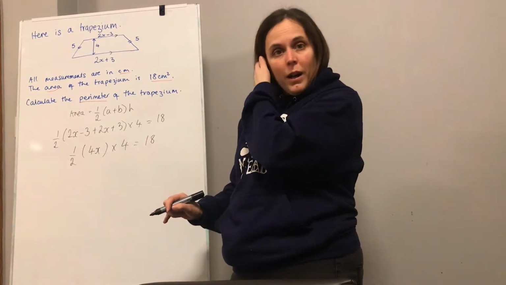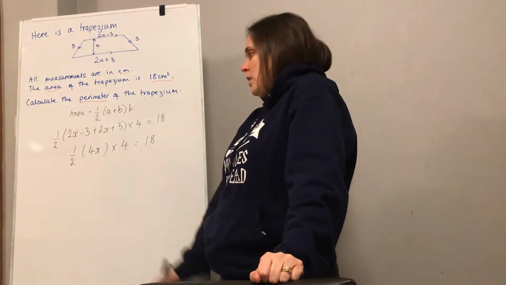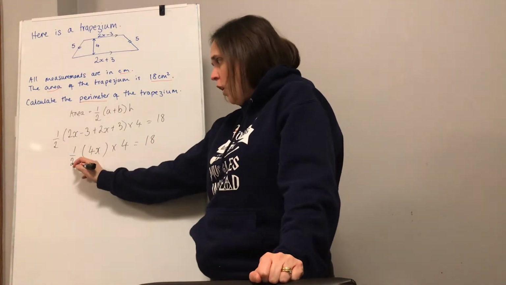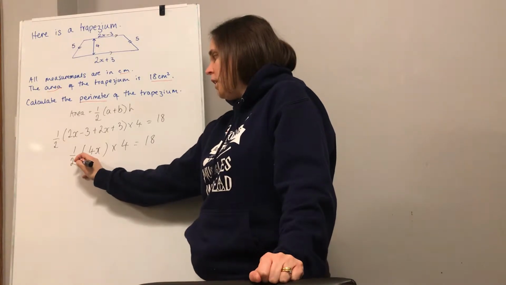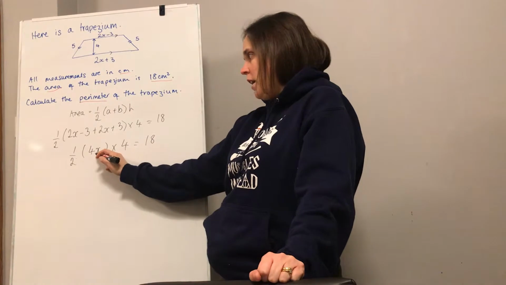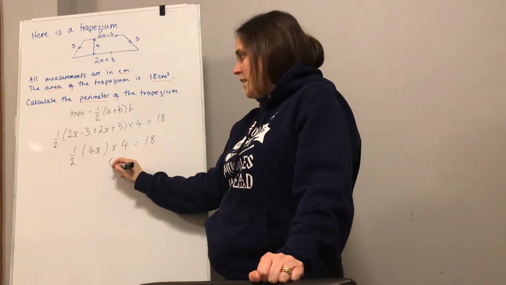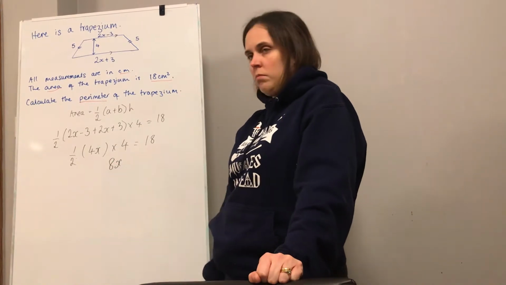Now there are a number of ways that you can simplify that, okay? It's entirely up to you how you do it. I would probably do a half times 4x, which is 2x, and then times the result by 4, which is 8x overall, okay?